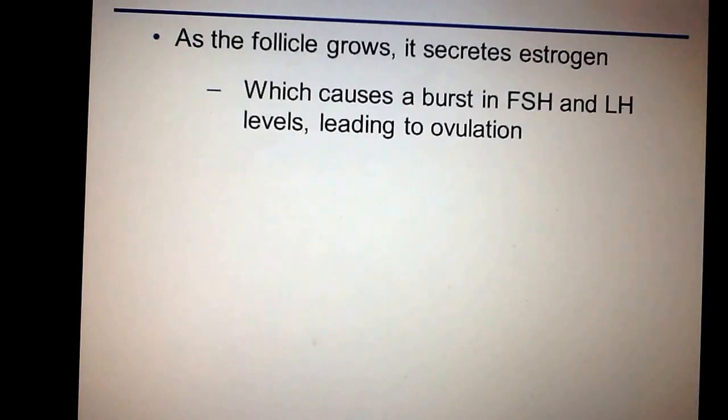And as the follicle grows and develops, what happens is that follicle releases the hormone estrogen inside of the ovary. That estrogen, what ultimately does is it causes this huge burst to happen in follicle-stimulating hormone and luteinizing hormone. That leads to ovulation, which is the release of the egg from the follicle or the ovary down through the fallopian tube or the oviduct, where eventually we'll look for a sperm.